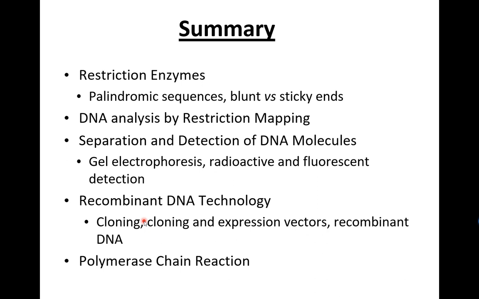So we talked about the vectors. We differentiate between cloning and expression vectors. And then we talked also about the production of recombinant DNA. We went through an example of how you can use a restriction enzyme to open up the multiple cloning site, or polylinker, of a plasmid and insert a certain molecule.